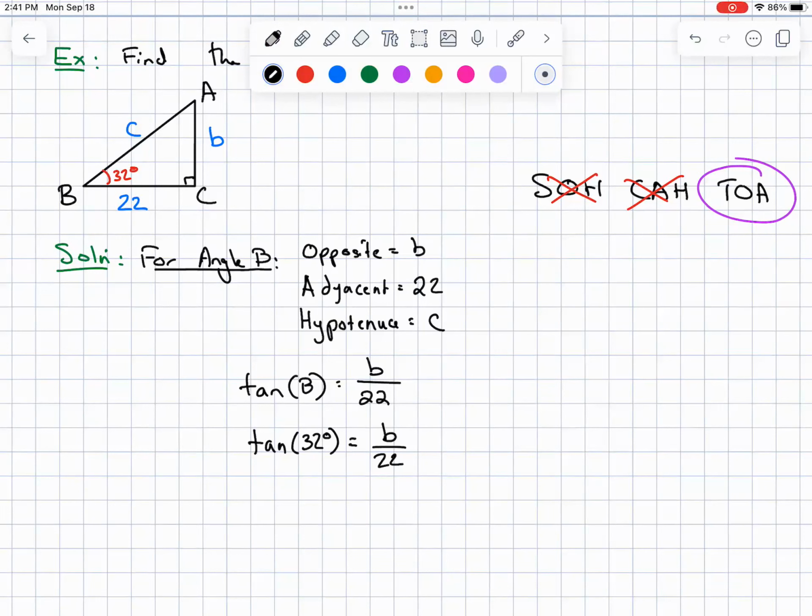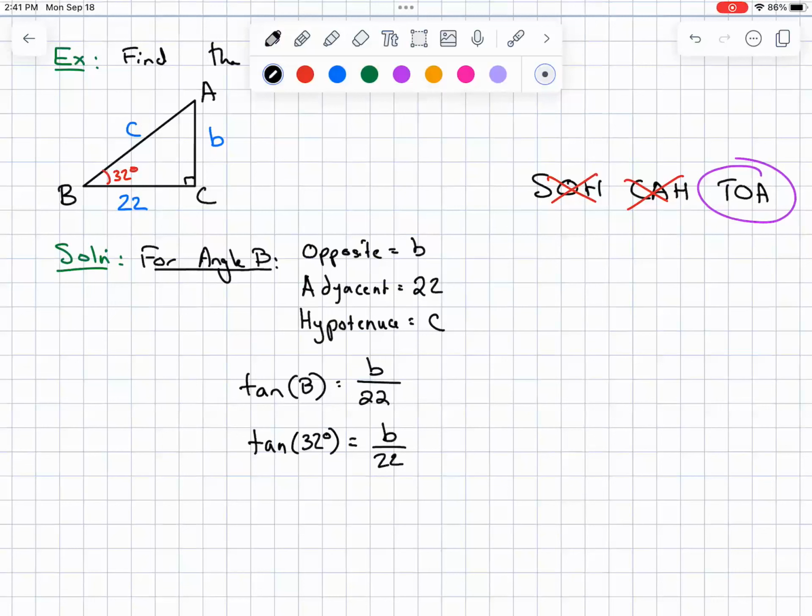Now, this looks intimidating at first, because we've never really seen trig being involved in an equation before. But the thing you have to remember is that tangent of 32 degrees is a number. The trigonometric ratios take in an angle and spit out a number.